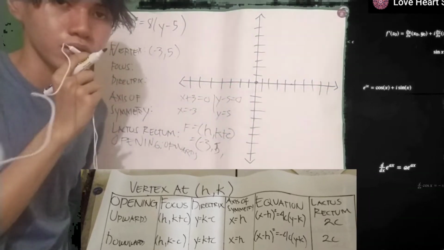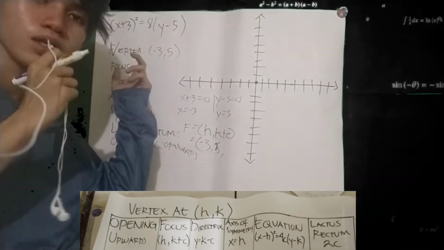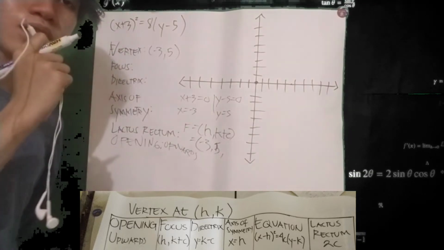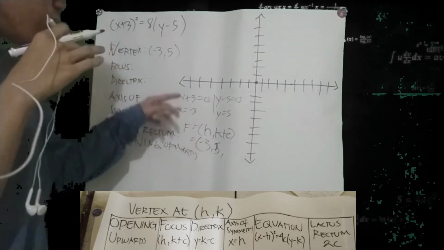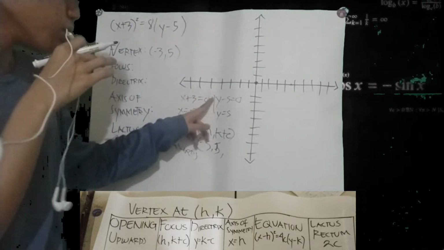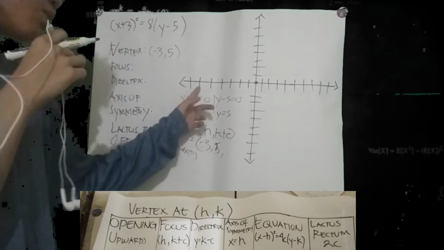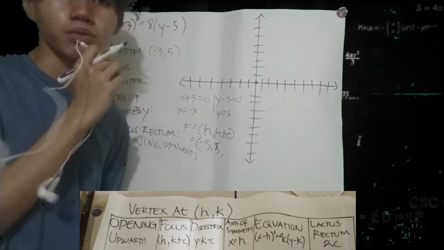So for the vertex, kunin naman natin yung vertex nya. Ang sabi kapag nasa HK form yung given equation, yung vertex is nasa value ng H and K. So to get that, isusulat lang natin x plus 3 is equal to 0 and y minus 5 is equal to 0, and transpose lang natin. X is equal to negative 3 and y is equal to 5.